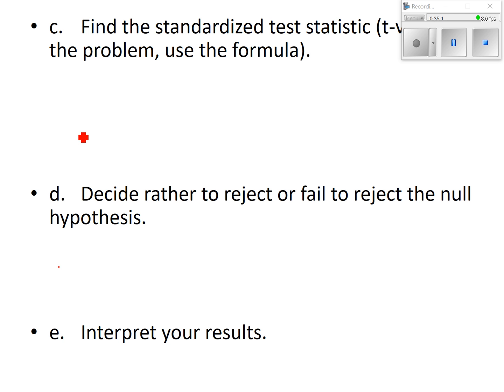Next thing, we have to find our T, our test statistic. Remember the formula for T is basically the same thing: X bar minus mu over S divided by the square root of n. I think X bar this time was 26.25. Yes, that's what our sample was. Mu was 25.